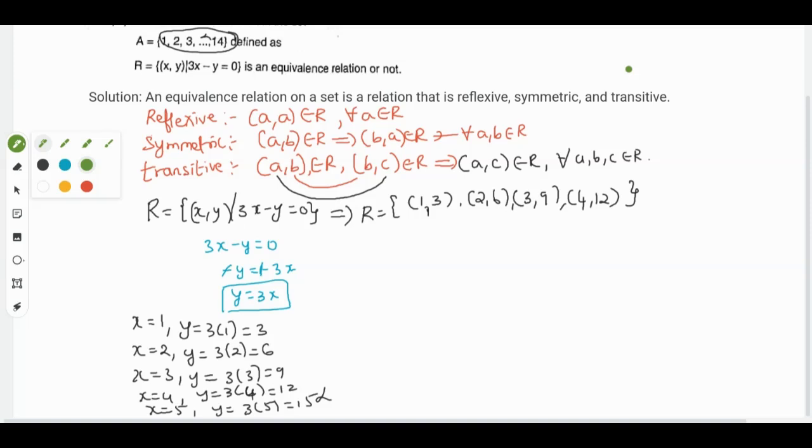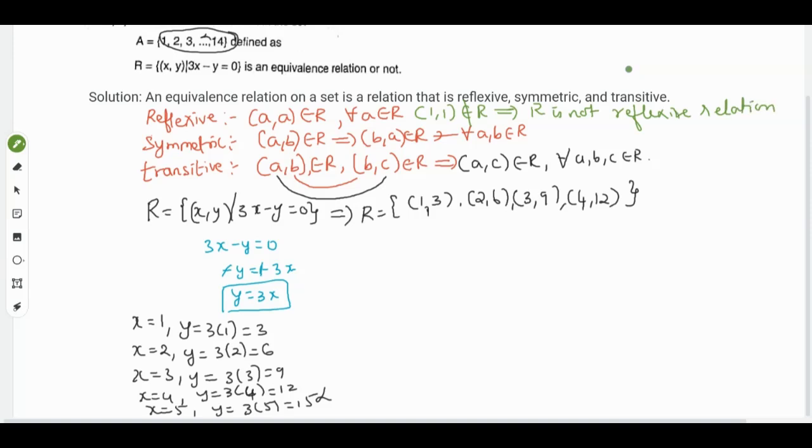We do not have (1, 1) or (2, 2) in R, so R is not a reflexive relation.